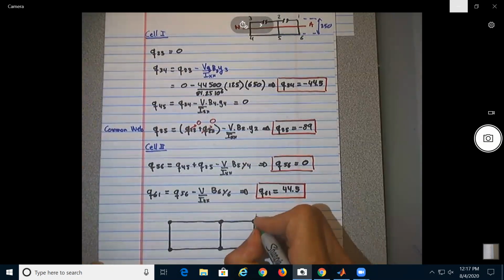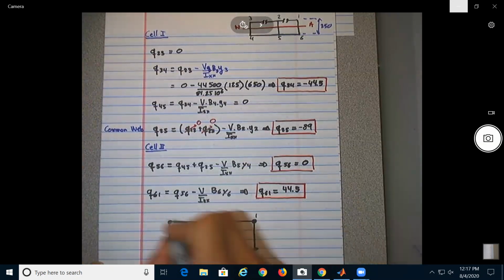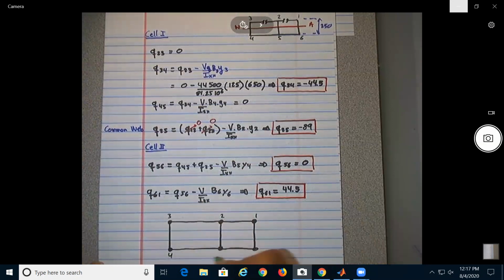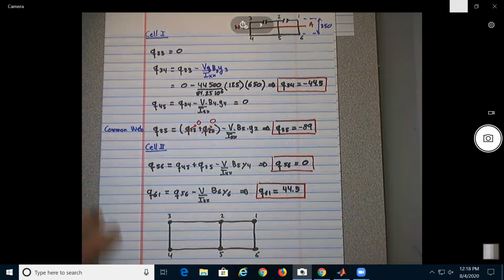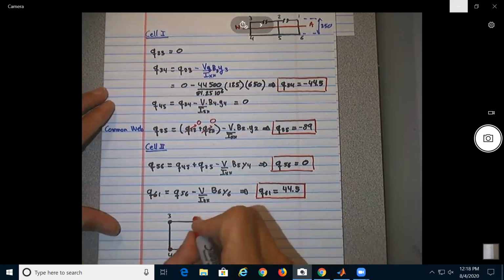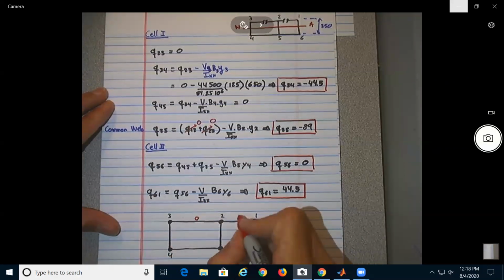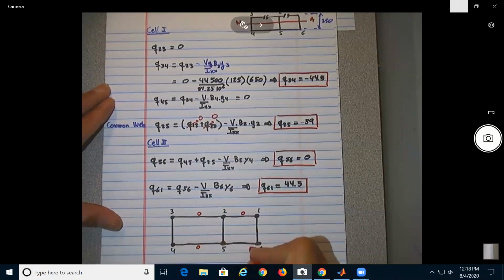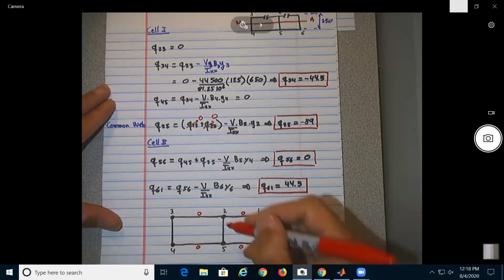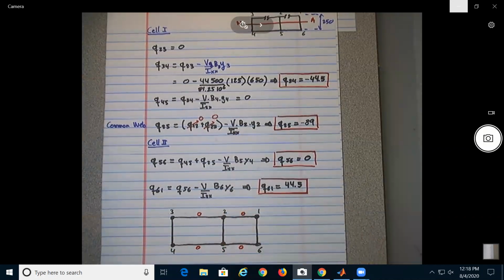It will be 1, 2, 3, 4, 5, 6. So if we do the calculation, we have what? Here 0. Here 0, because that's where we have the cuts. Here we have 0 and 0, because again, the force is only in the y direction, so only the vertical members will restrain the vertical force.